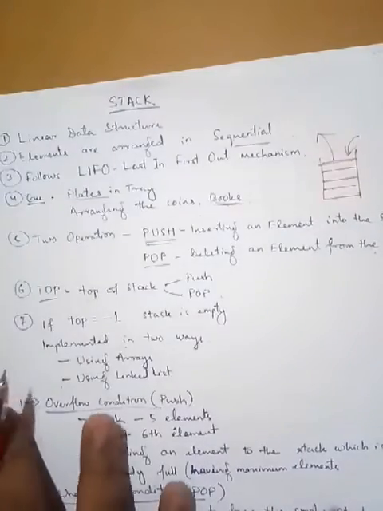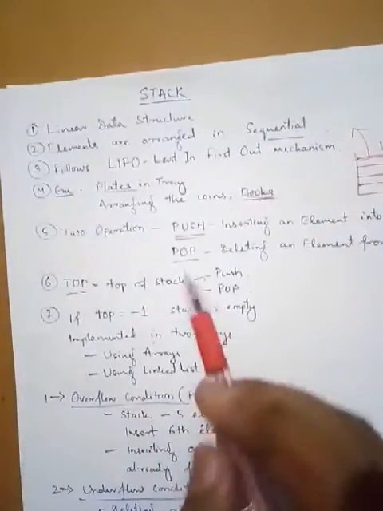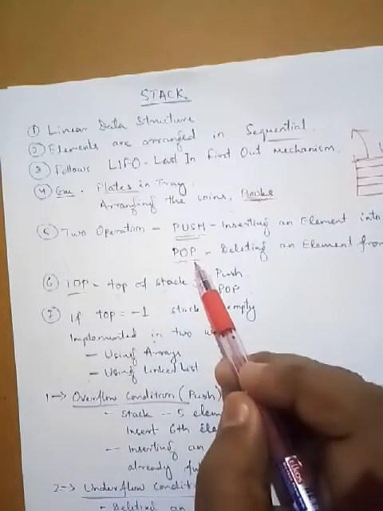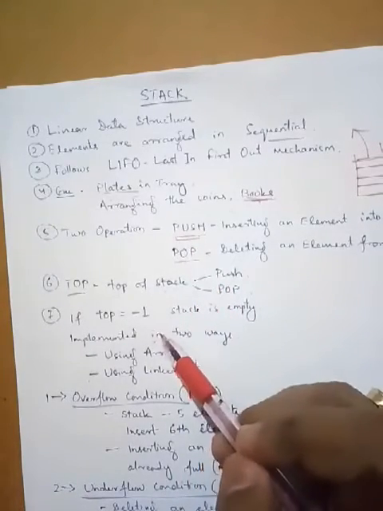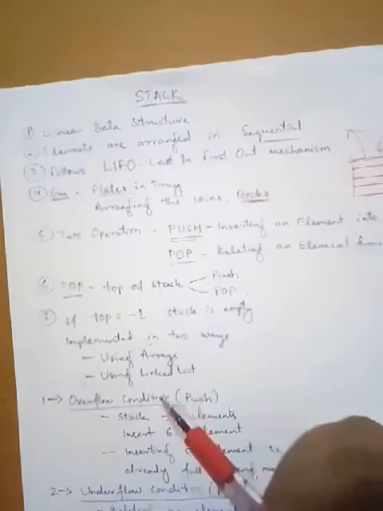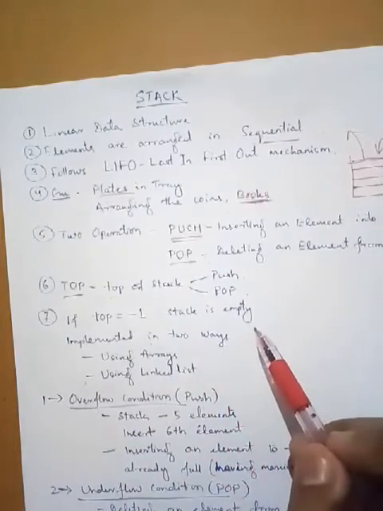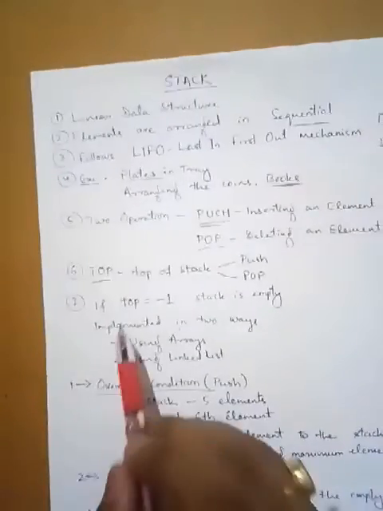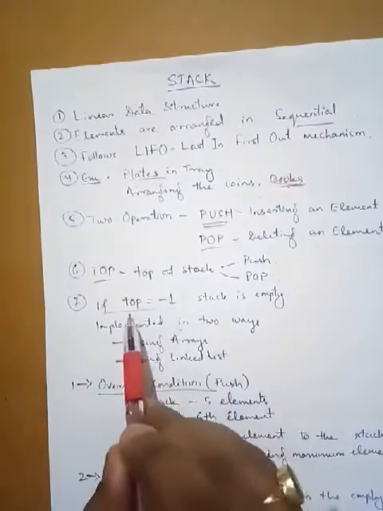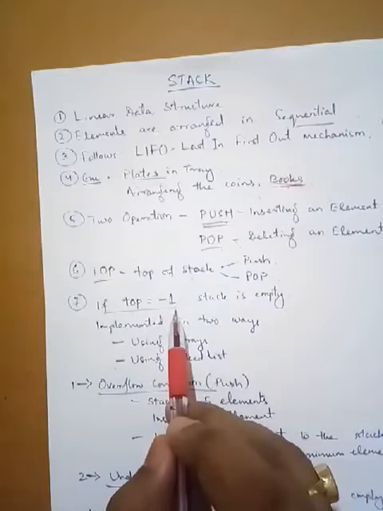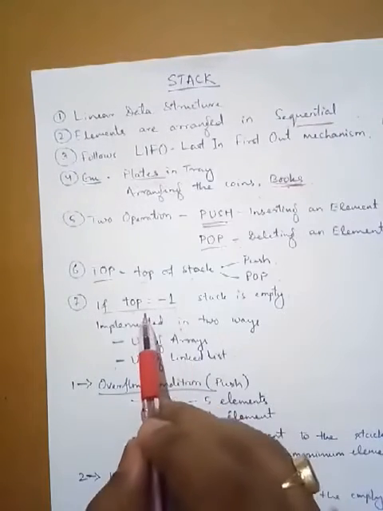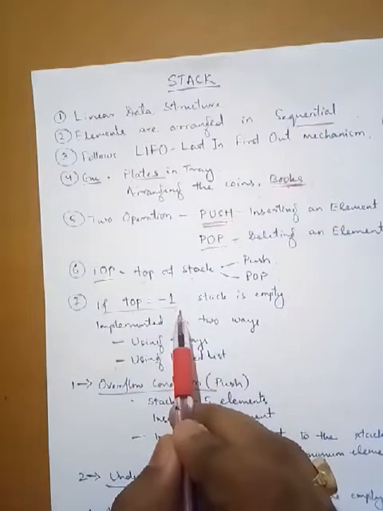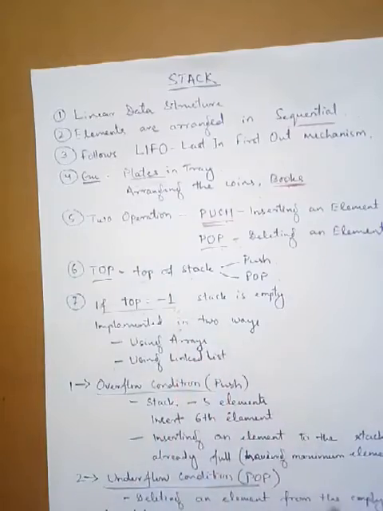Now before discussing the push and pop operation, you must know whether the stack is full or whether the stack is empty. So there must be some condition. The condition is if top is equal to -1. If top value is equal to -1, that means the stack is empty.